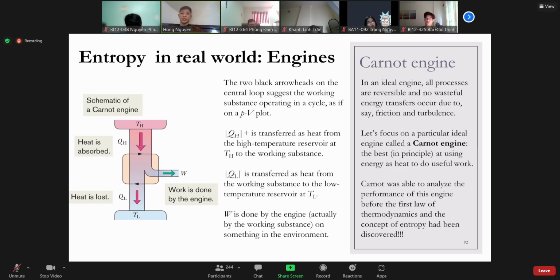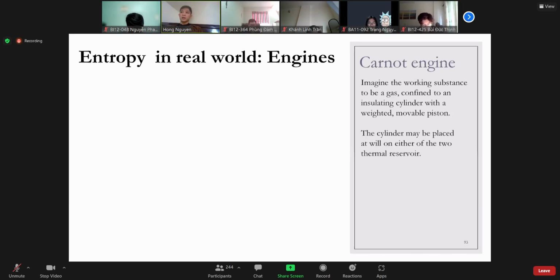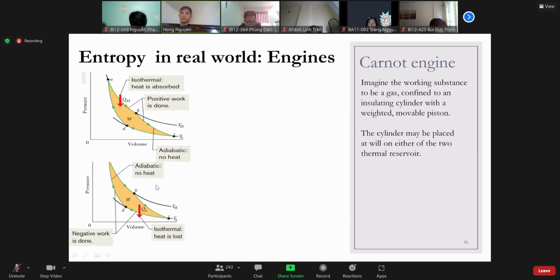Of course, the work is done on something. For example, the work is done to move our wheels, to run our car, our motorcycle, and so on. And here, this is the PV diagram of our Carnot engine.